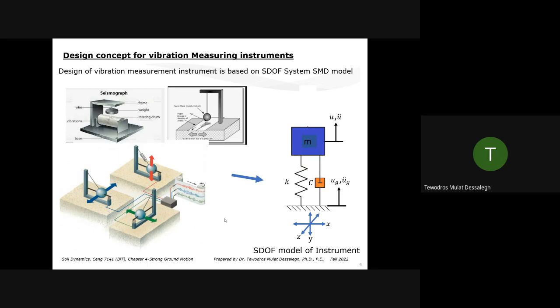So the design concept for vibration measuring instruments, the main design concept is the same. Remember what we studied in chapter 2, theory of vibration, and we had a wide coverage of 1 degree of freedom system. That concept is very applicable to the vibration measuring instruments. If you see all of them, you have a mass, you have a rope or wire, but that wire has stiffness and damping properties.